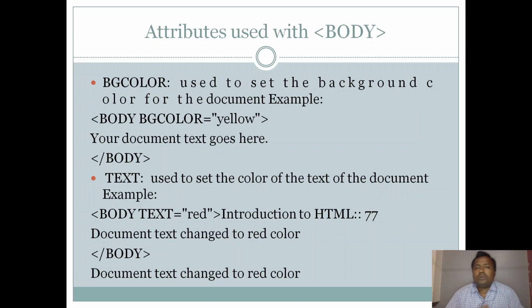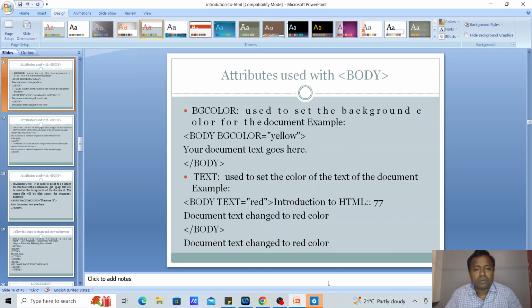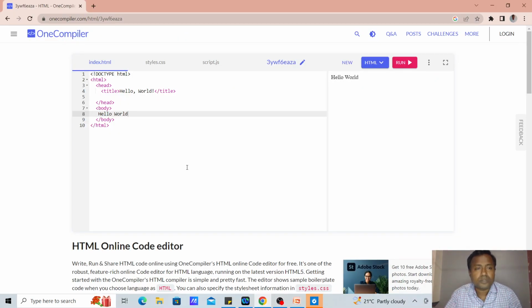Now, what are the attributes that can be used with the body? The main important attribute is called bgcolor. Okay, let's check with the help of a sample program.